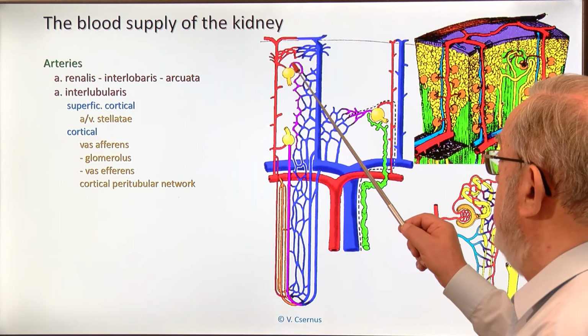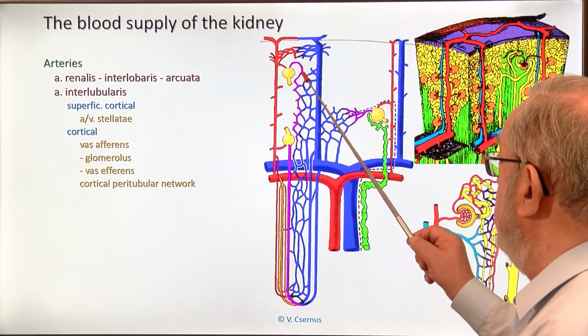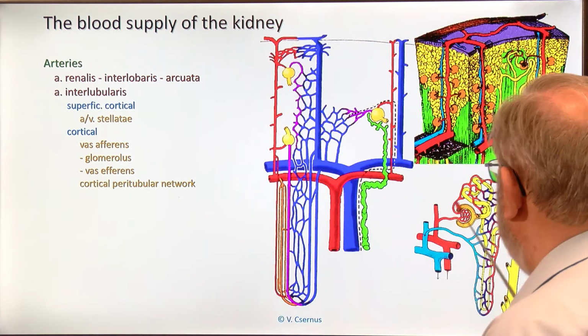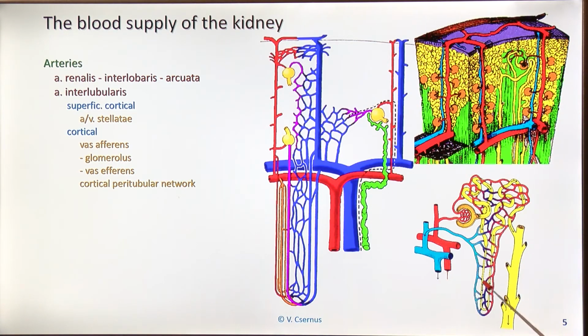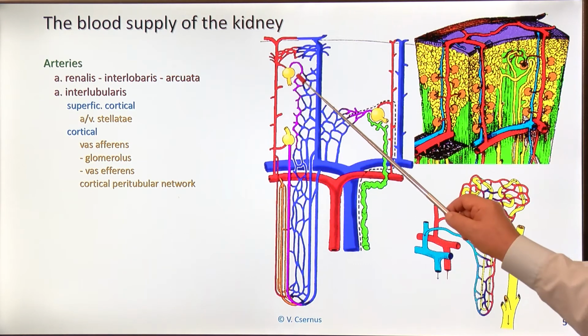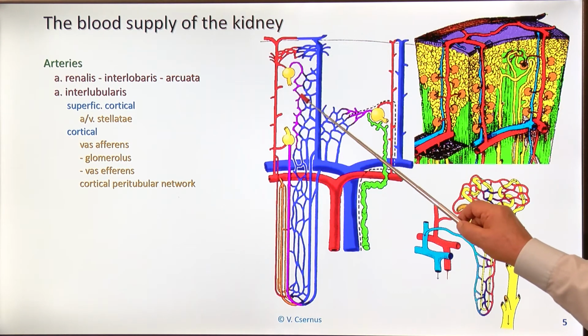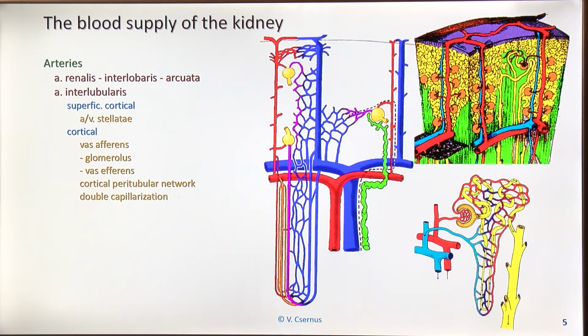It means that the vasa efferentia capillarize again, going around the proximal and distal tubules of its own tubule, the part of the particular nephron.